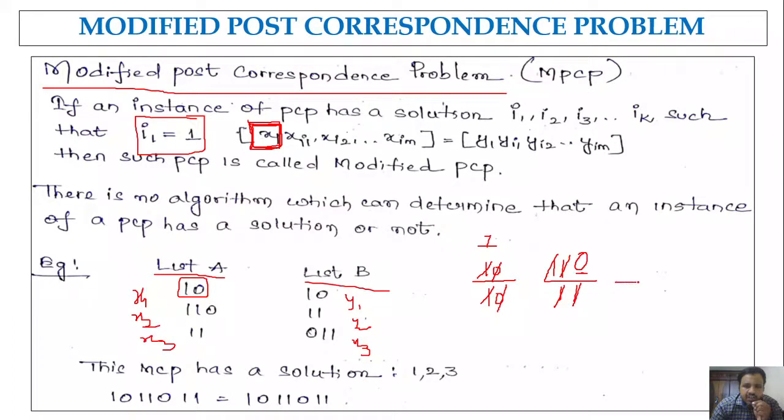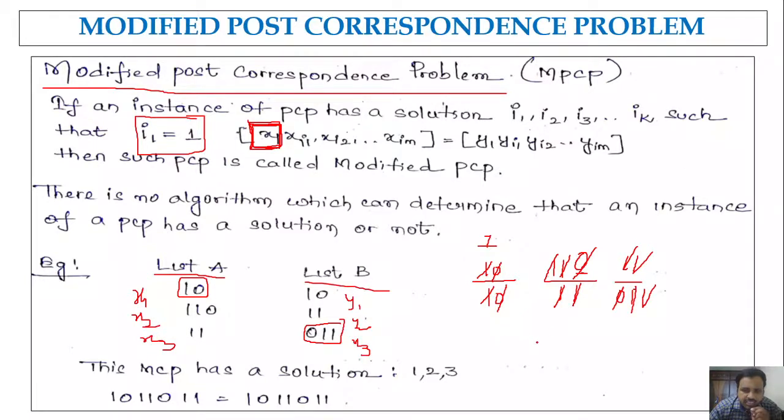So when you select the next string, the denominator part must be 0. Where we have 0 in the denominator part, it is Y3. So definitely it must start with Y3 in the next sequence. So Y3 will be considered. Since we are considering Y3, we get X3 in the numerator. So 0 will match with this 0, 1 matches 1, 1 matches 1.